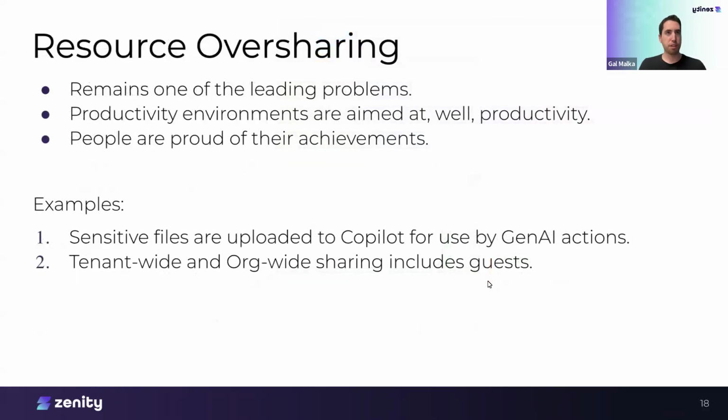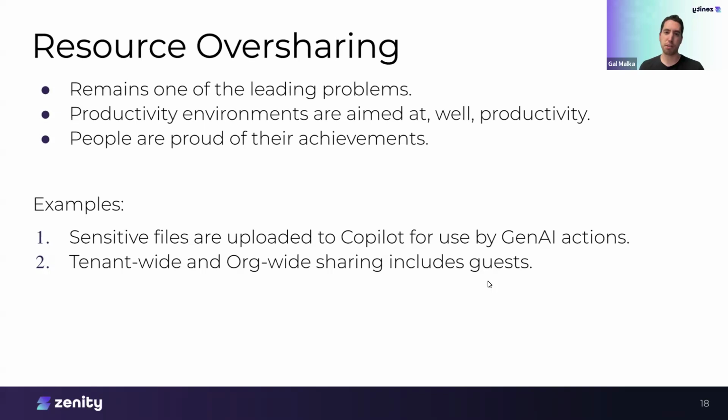The next security issue is resource oversharing. We know that this is a big issue in security in general, but also here in the Copilot world, a lot of the Copilot value comes from the fact that you can extend it, as I mentioned before.